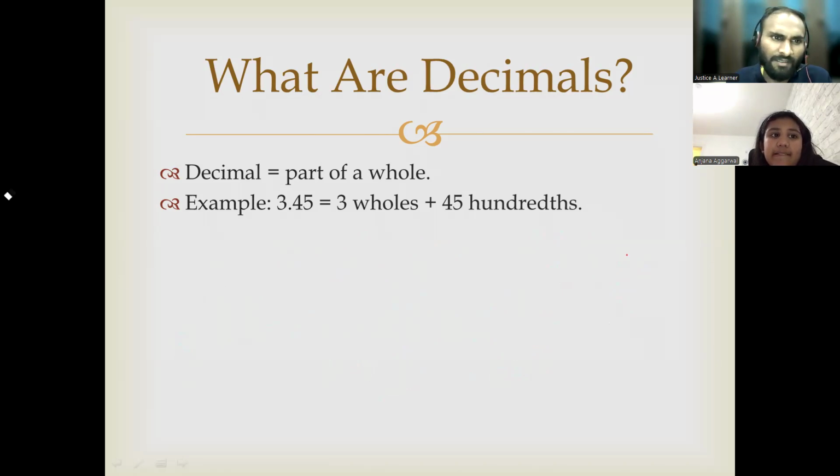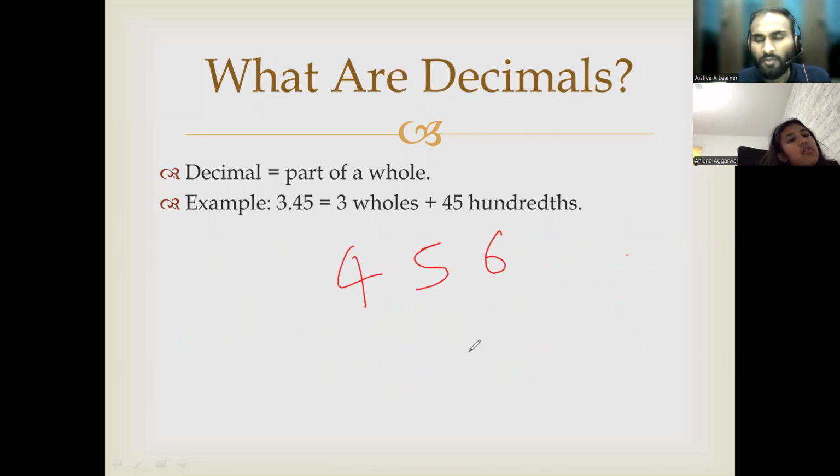So if I'm writing a normal digit here, for example, whole number 4, 5, 6, can you tell me which is hundredth? This is without decimal. Hundredth is 4. Great. Tenth? Is 5 or 50, whatever. Yes.